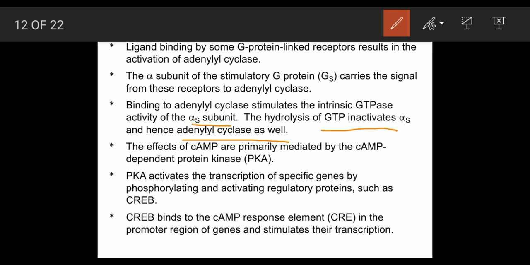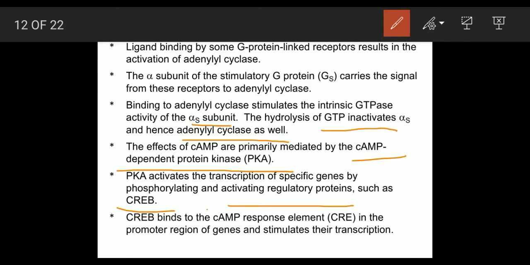The effects of cAMP are primarily mediated by the cAMP-dependent protein kinase, PKA. PKA activates the transcription of specific genes by phosphorylating and activating regulatory proteins such as CREB. We'll discuss CREB in detail.